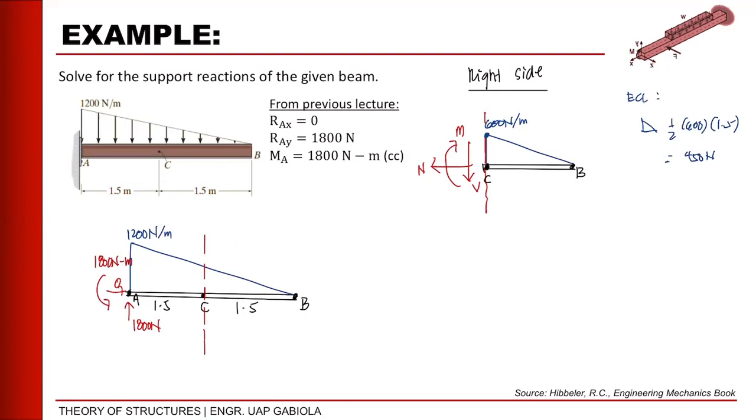Kasi ECL na tayo. Okay, so 450 Newton. So, yung distance niya from our cut is ilan? 1/3 ng L. So, 1.5 yung length natin, divide natin ng 3, that is 0.5. Okay? So, now we can now perform summation of fx is equals to 0.